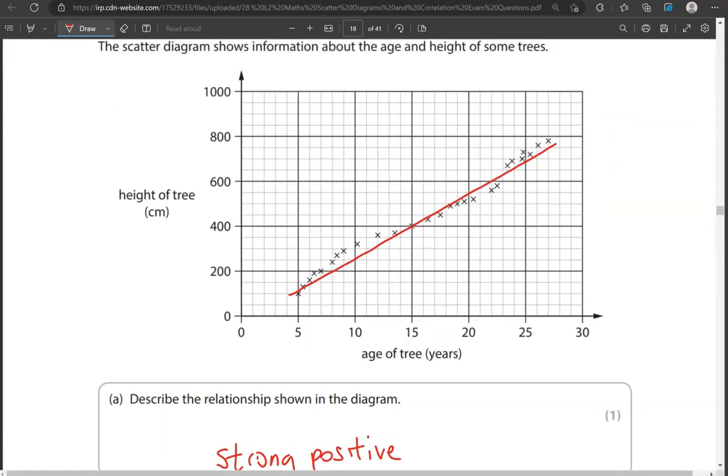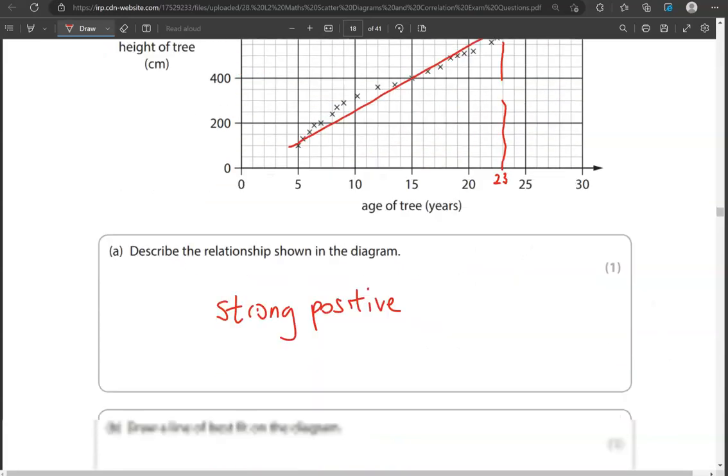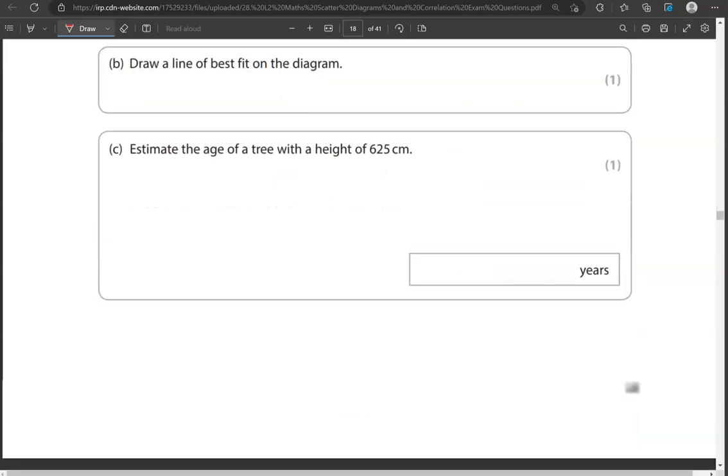So 625, this is 700, this is 650, so 625 will be here. So age will be 23 years.